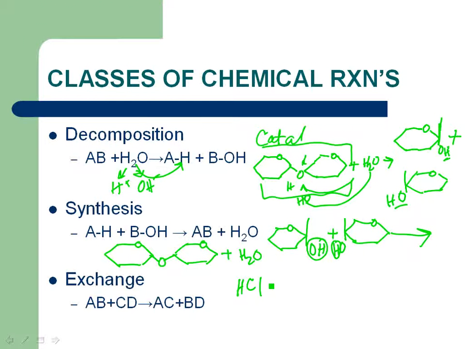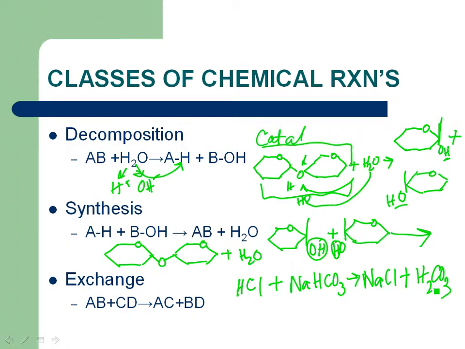The pancreas will secrete sodium bicarbonate, NaHCO3, and what we end up making is a salt, NaCl, in order to neutralize the hydrochloric acid, plus we end up forming carbonic acid.